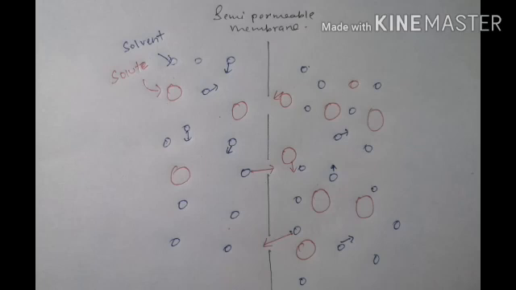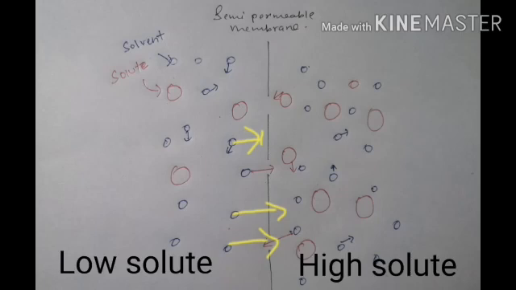So because of this, you would have a net inflow of water from the area where you have a low solute concentration. Remember, solute is the thing that is dissolved in the water, and the solvent is whatever there's more of, and solute is whatever there's less of. So in this case, water is the solvent, and water is the most typical solvent.